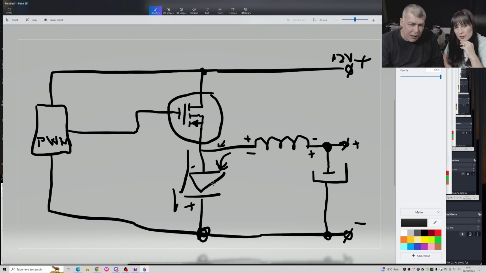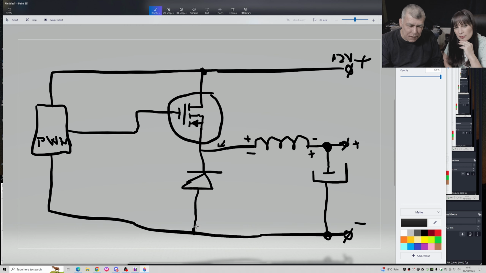So if the diode is opposite, the current from the MOSFET will not flow to the diode. Only in this direction can the current flow through a diode. So in order to not short the MOSFET, I have to turn around the diode. Like that is fine.